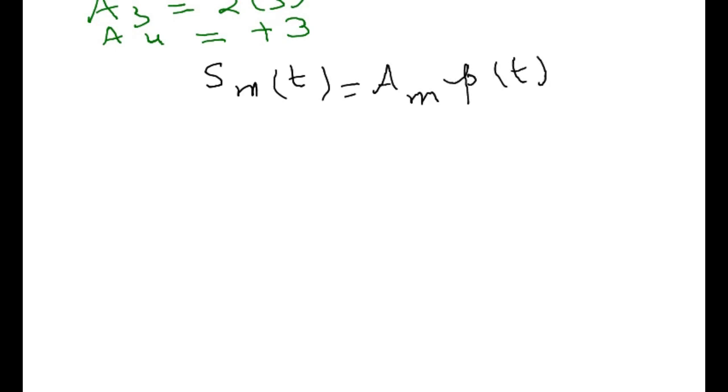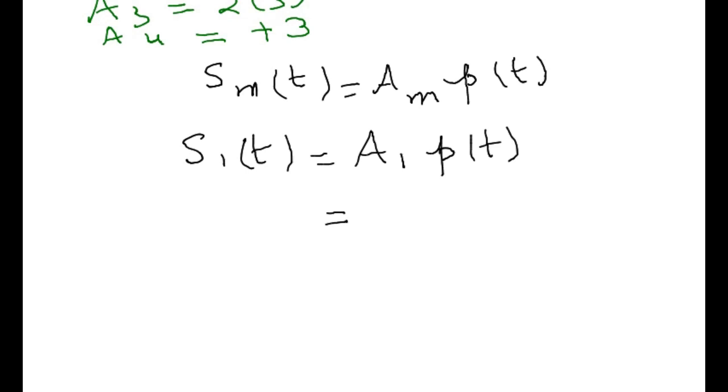Actually this pulse we already know, it's the simple pulse I have shown to you. So our signal S1 of t is actually A1 p of t, and we saw that this is minus 3 times p of t.